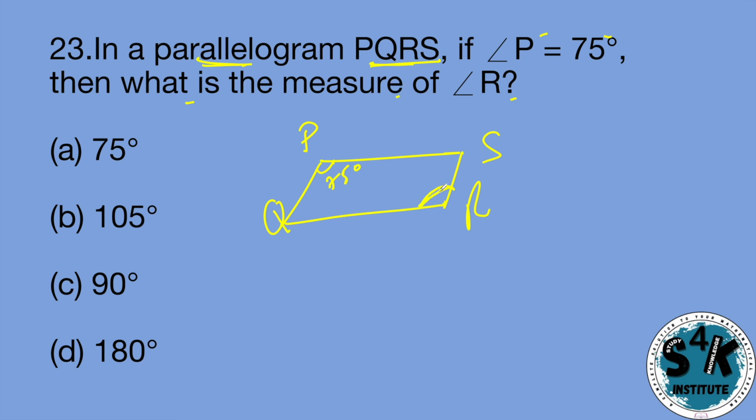So opposite angles are the same in a parallelogram, so it will be 75 degrees. If it had asked about Q, then we would have added P plus Q, as the co-interior angle sum will be 180 degrees. But it has asked for R, so this is a simpler question for you. So the answer will be 75 degrees, based on opposite angles of a parallelogram being the same.